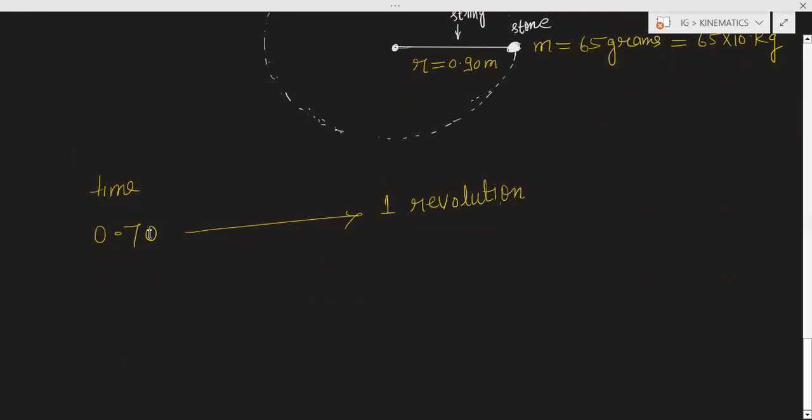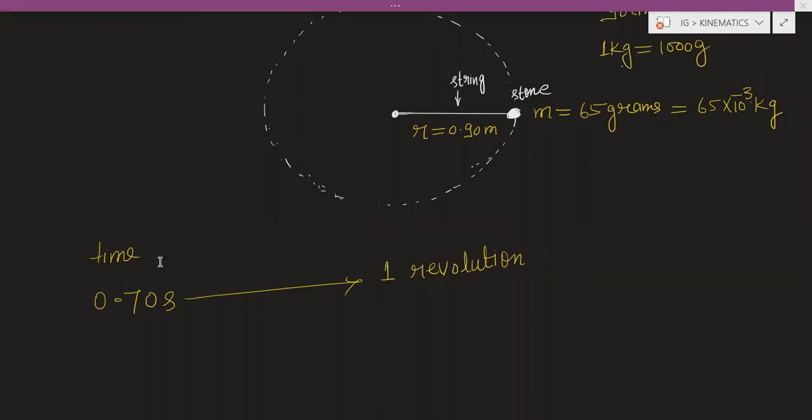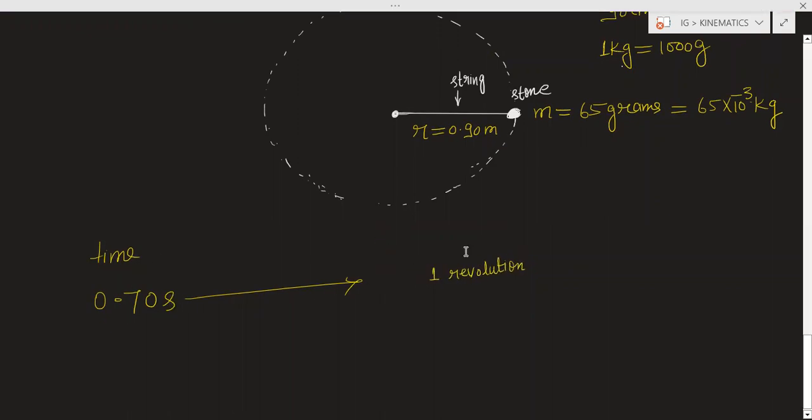Now from this we will get the frequency. How will we get the frequency? It is given that in 0.70 second, this mass is completing one revolution.